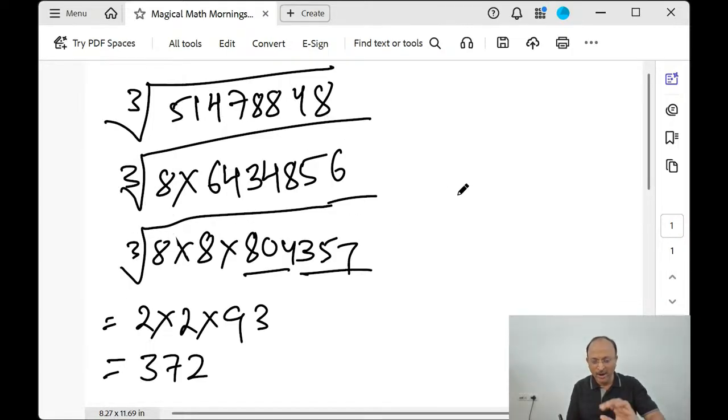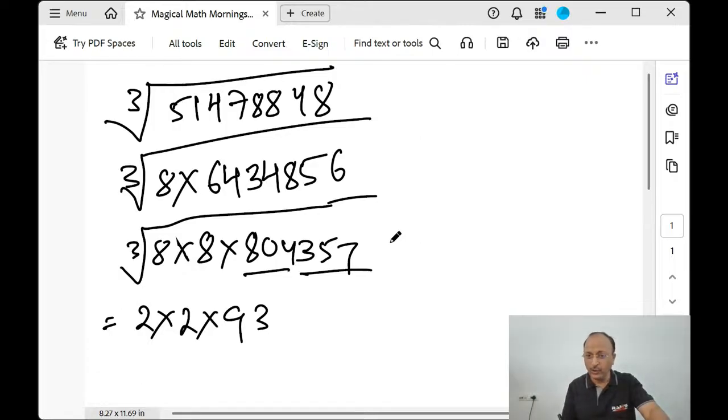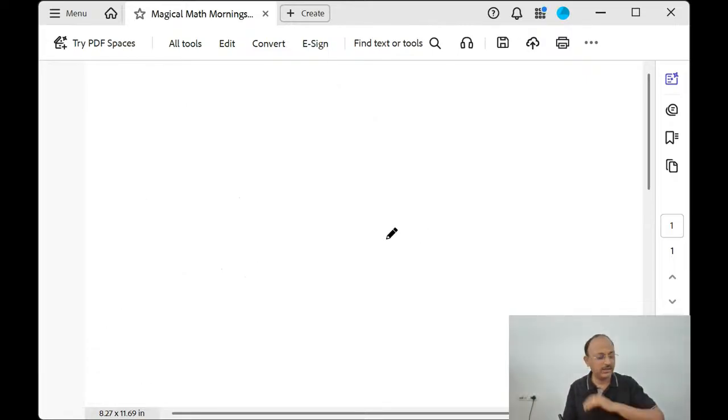Just keep one 8 aside and write this and keep one 8 aside, directly write this and this step directly you can write 2 into 2 into this, correct? Or else you can directly multiply, that's it. We need not write these also because for every group of it we will multiply once with 2. 93 double and double. I hope you understood this trick.